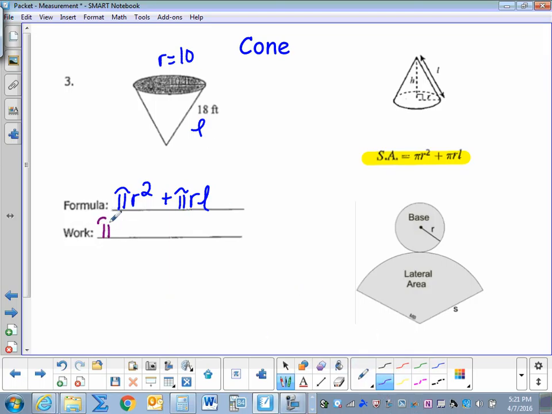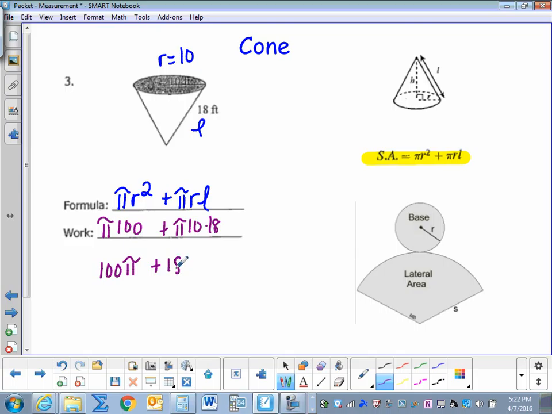We have pi r squared. So 10 squared is 100. So let's rewrite that as 100 pi plus pi. We have a radius of 10 and a slant height of 18. 10 times 18 is 180.